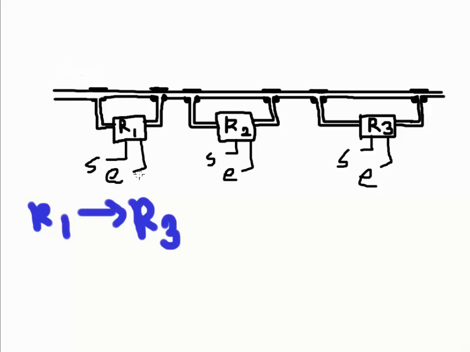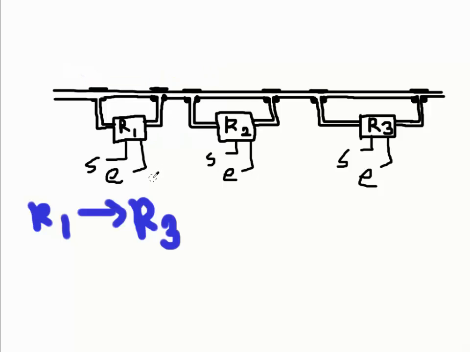If we turn the E on, then the data is available on the bus. Whatever R1's 8 bits are, they will all be traveling around the bus and will be available to the whole bus.